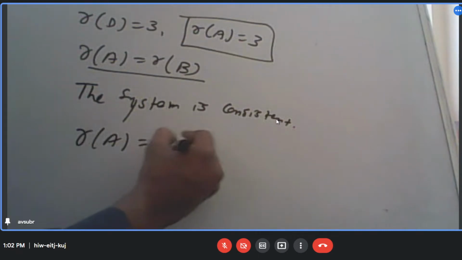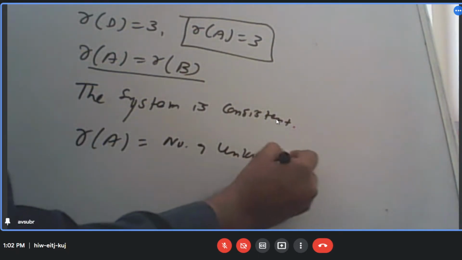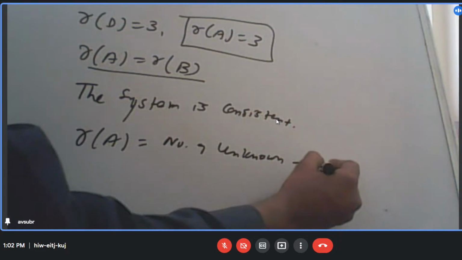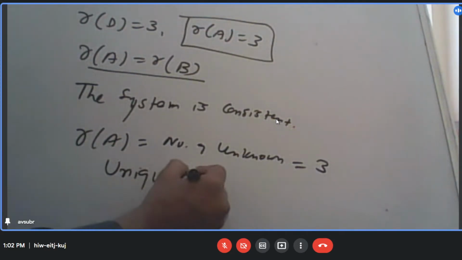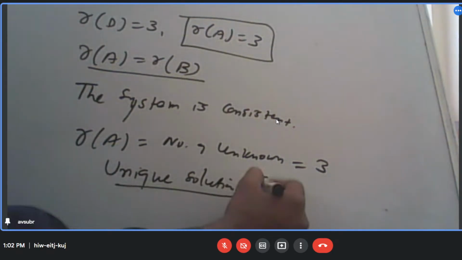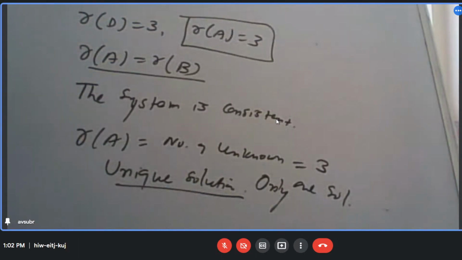Both are 3. So the system should have a unique solution, which means it will have only one solution. Up to this, if anybody couldn't understand, please let me know.